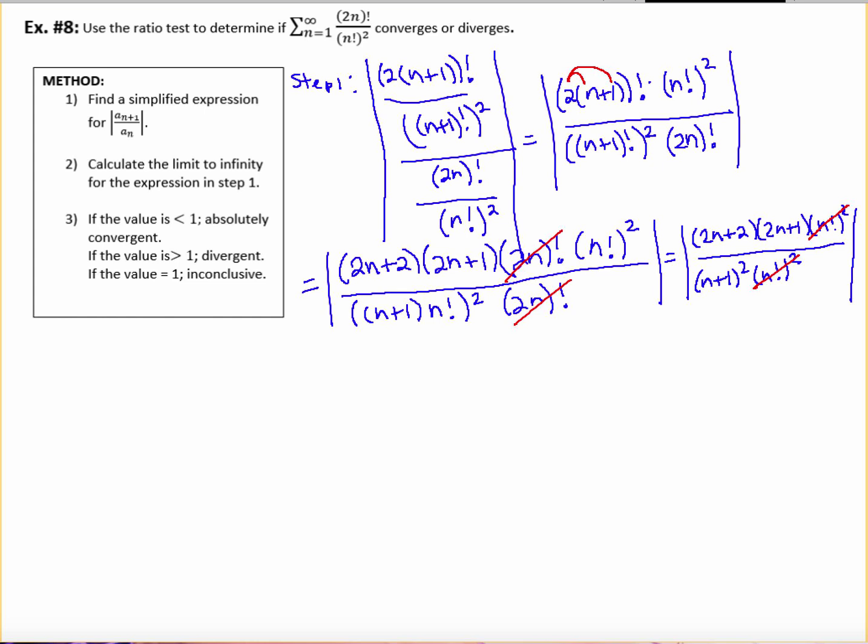Okay, so up in the numerator, let's just go ahead and keep going here. I've got the absolute value of 2n plus 2. I'm thinking I'm probably going to need to factor this out in a minute. And then I have 2n plus 1. And down below, I've got n plus 1 squared.